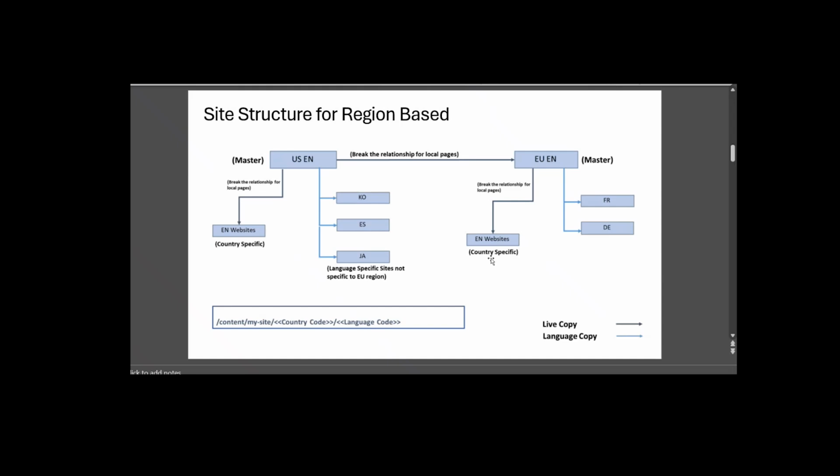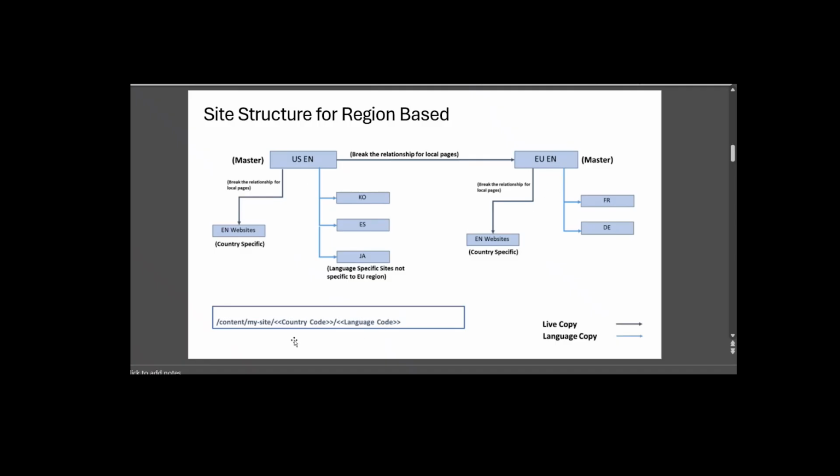When we are talking about the hierarchy or the URL of your overall site structure, that would always start with content, my site. My site means the name of your website, then the country code. For example, if we are talking about US, in that case, it will be US, and the language code will be EN. So the country code will always be US and the language code will be EN.